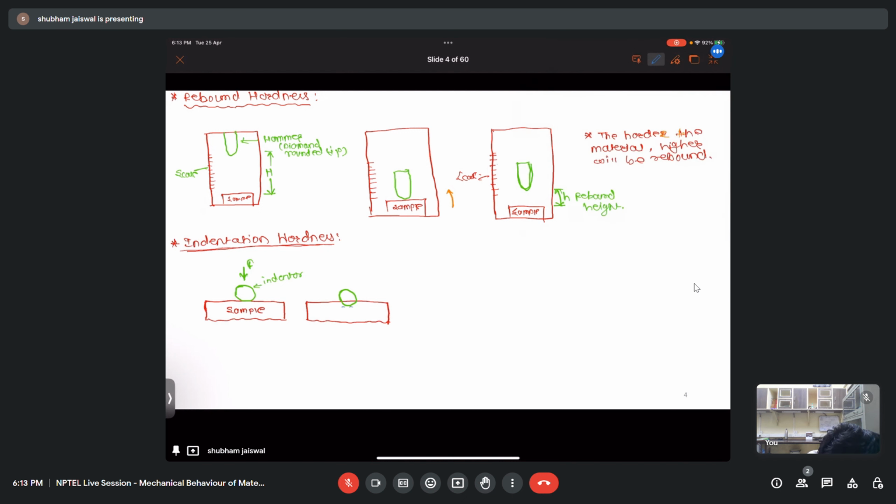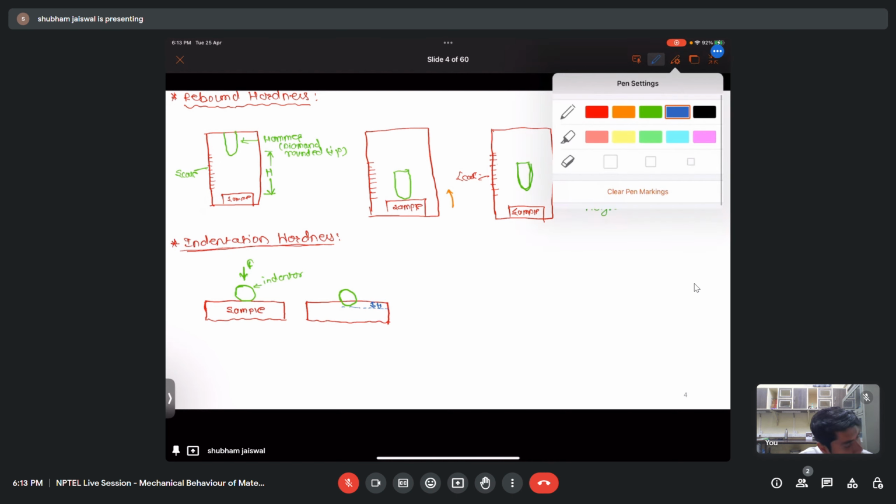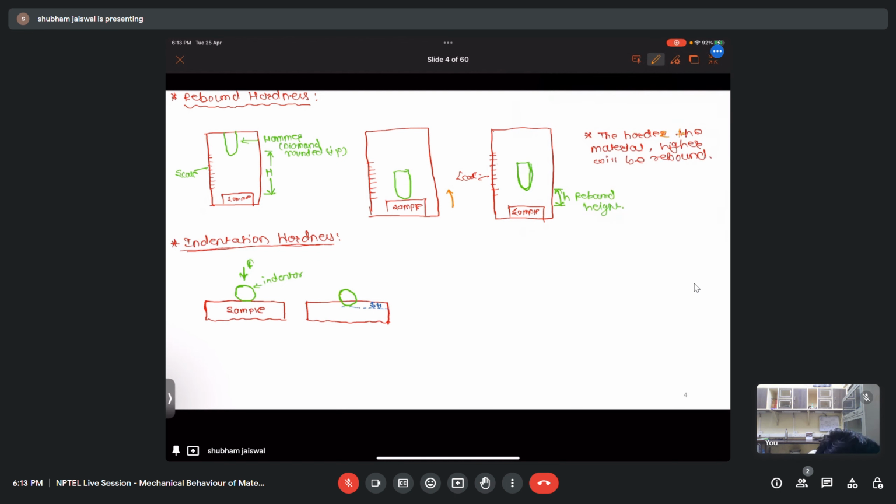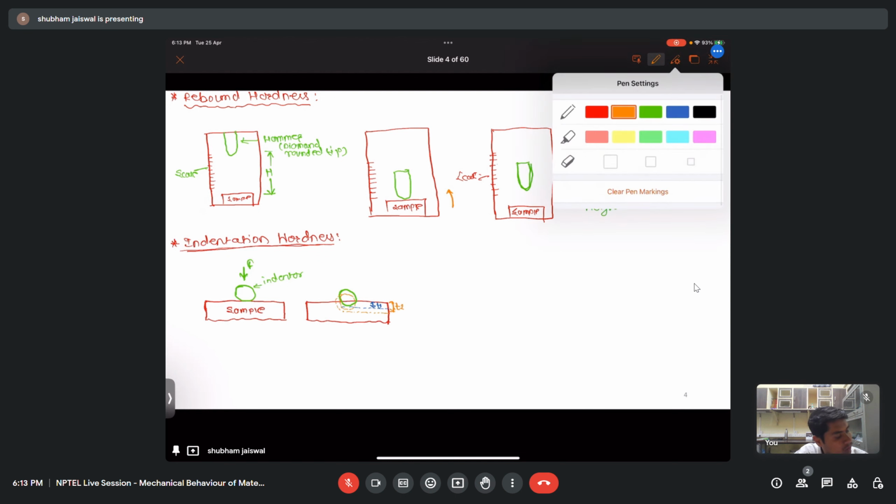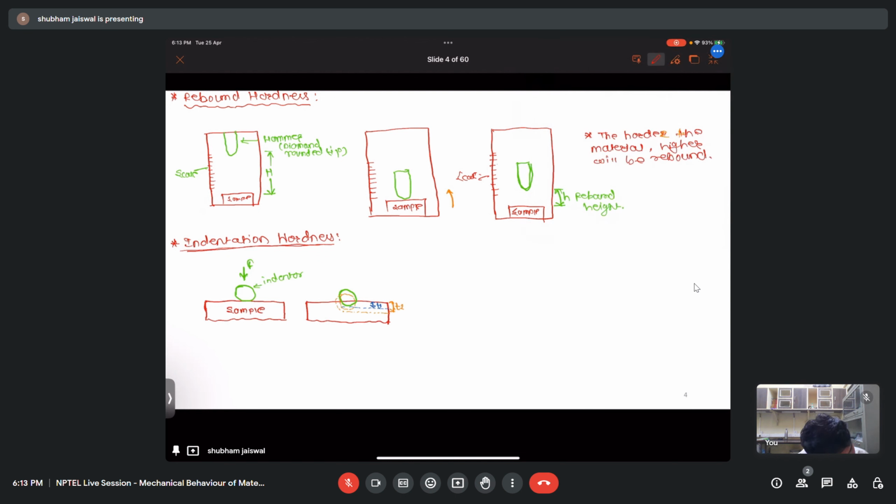Its corresponding thickness is, let's say, T1. And if I indent it more, like this much, that I have shown in orange, then its indent thickness will be T2.